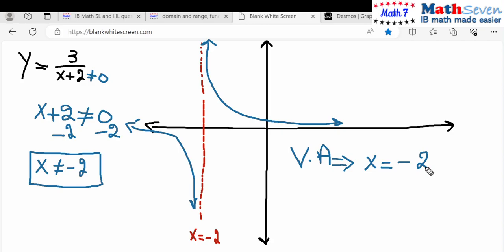Remember, that's the asymptote basically. It's a line you cannot cross or touch. And the other line, the horizontal asymptote, occurs at y equals 0.